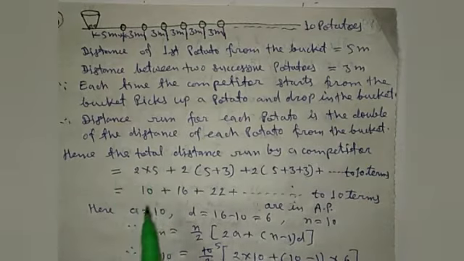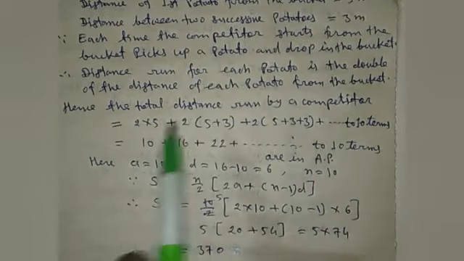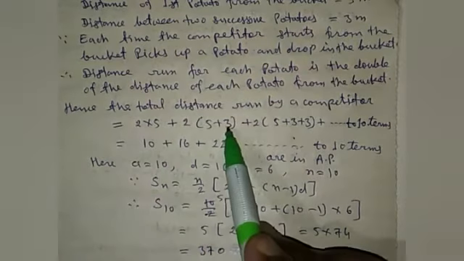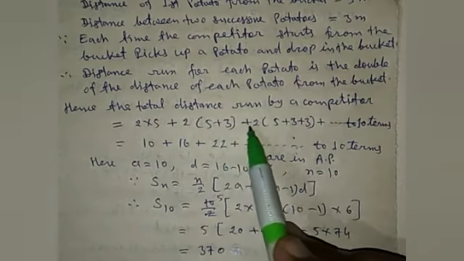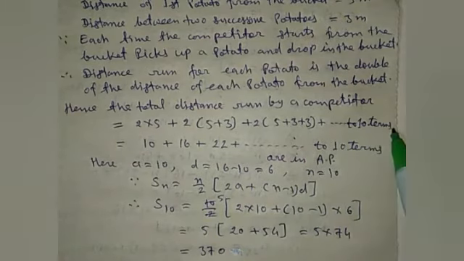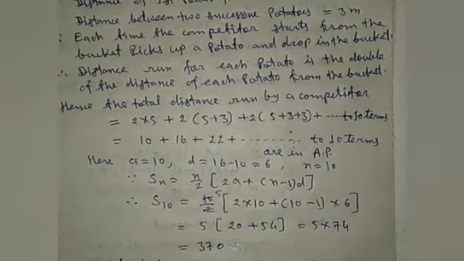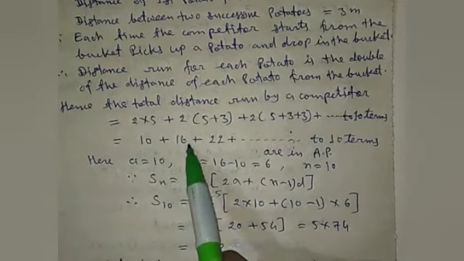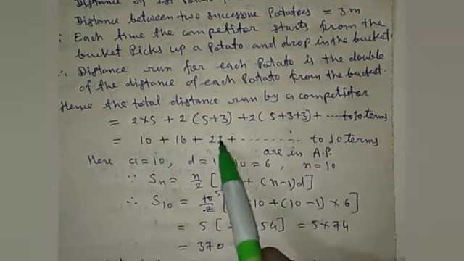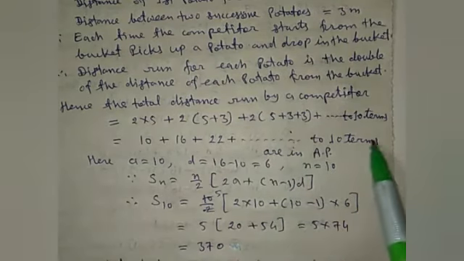Hence the total distance run by the competitor is equal to 2 into 5 plus 2 into (5 plus 3) plus 2 into (5 plus 3 plus 3), and so on, up to 10 terms, because there are 10 potatoes. So it is equal to 10 plus 16 plus 22, and so on up to 10 terms.